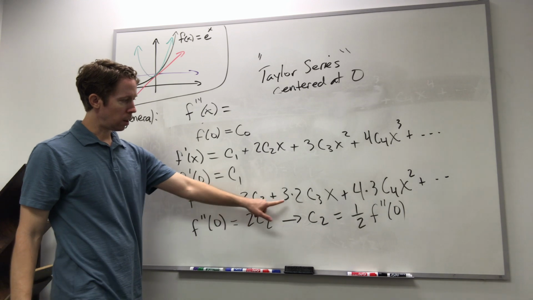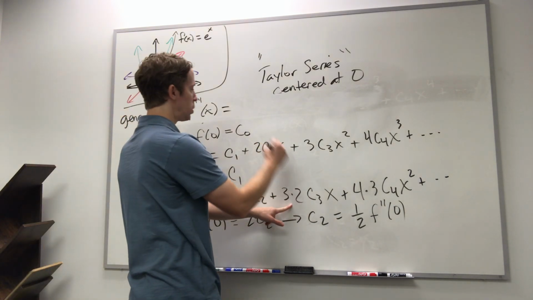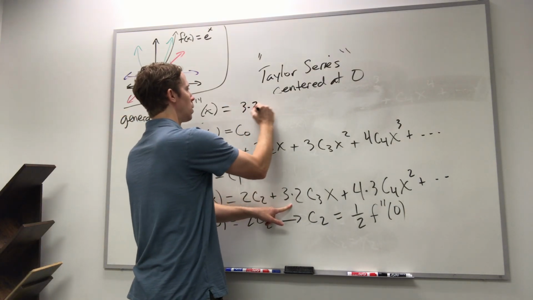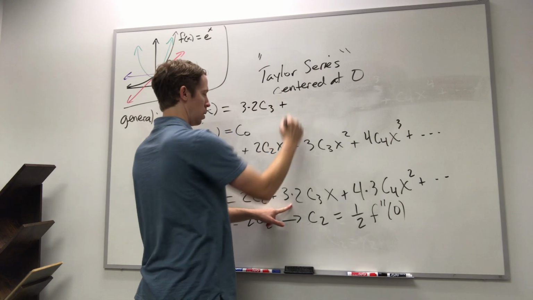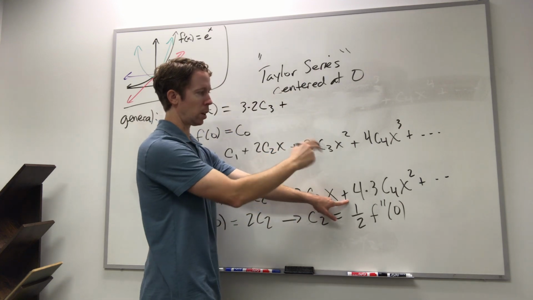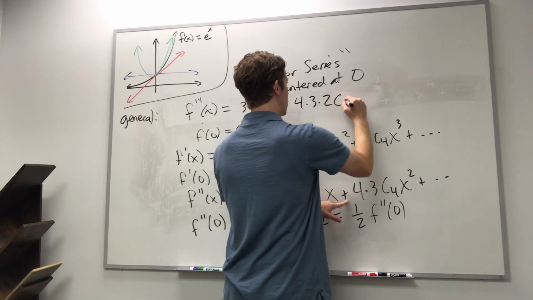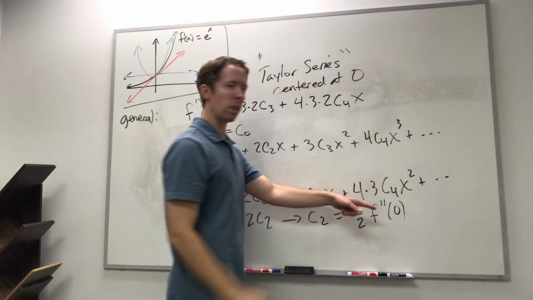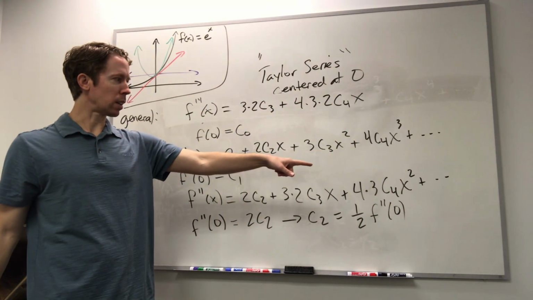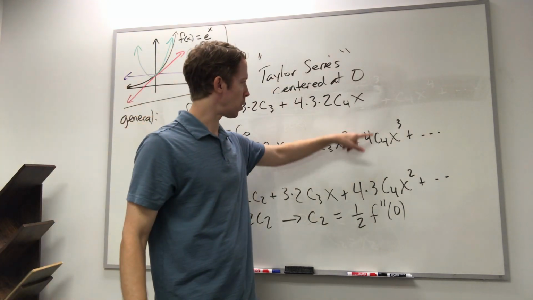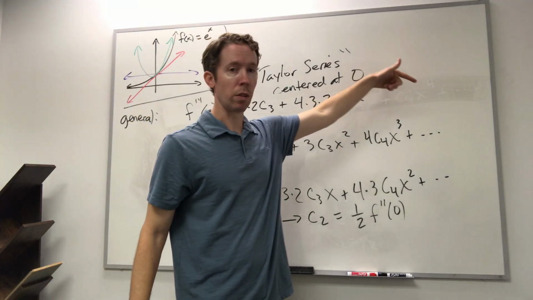This goes away. I get 3 times 2 times C3, 4 times 3 times 2 C4x, and then I'm going to try to guess at the next term. The next term would have come from originally x to the 5th.